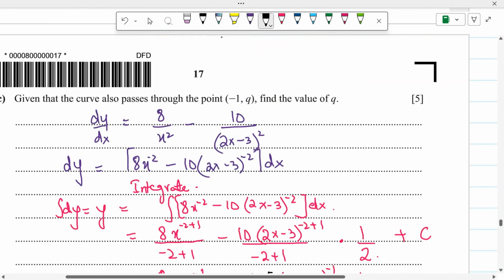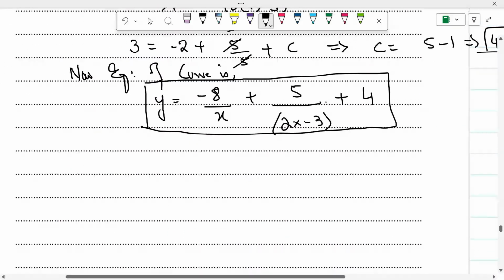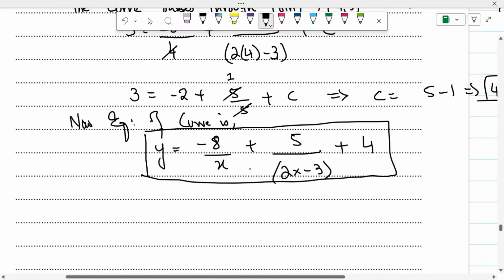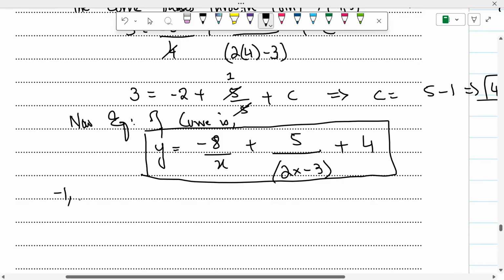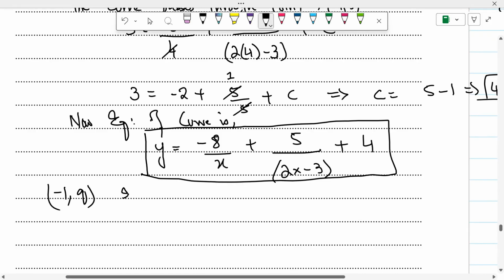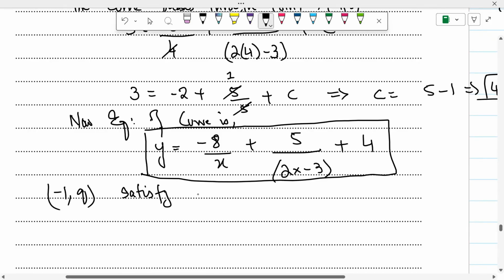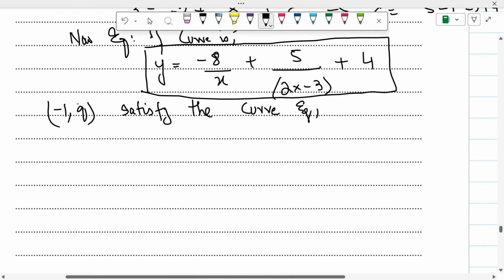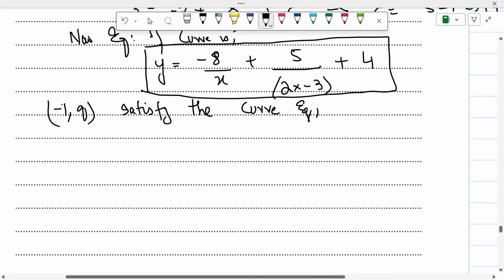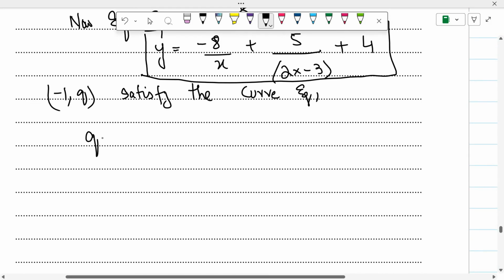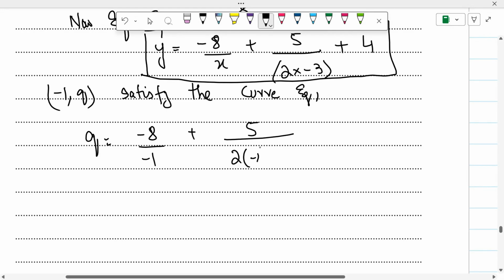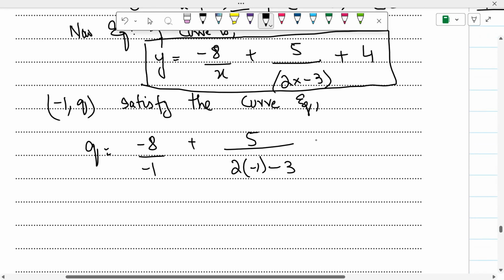Now it is given that this point is also passing through the curve, so this point will also satisfy the curve. So we can say that (negative 1, q) satisfies the curve equation. So q is the y coordinate and negative 1 is the x coordinate. So plugging in, q is equal to negative 8 over negative 1 plus 5 over (2 times negative 1 minus 3) plus 4.